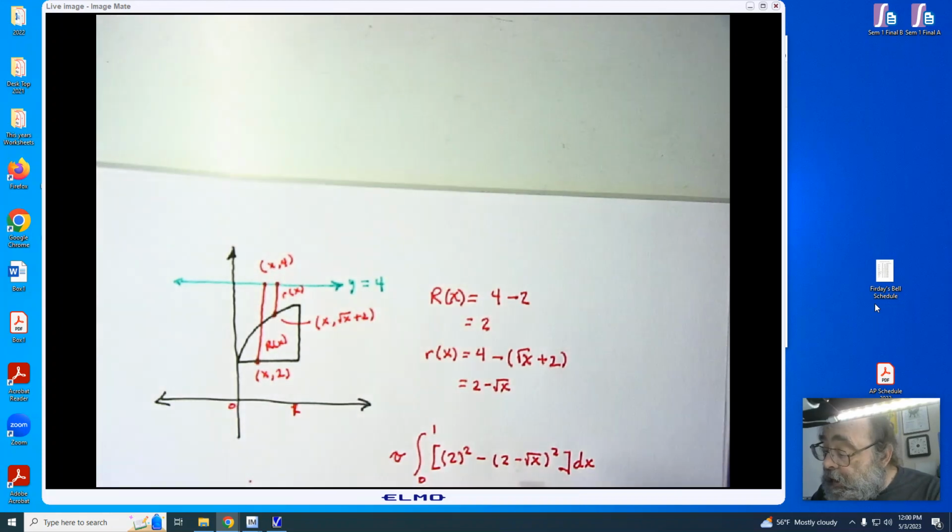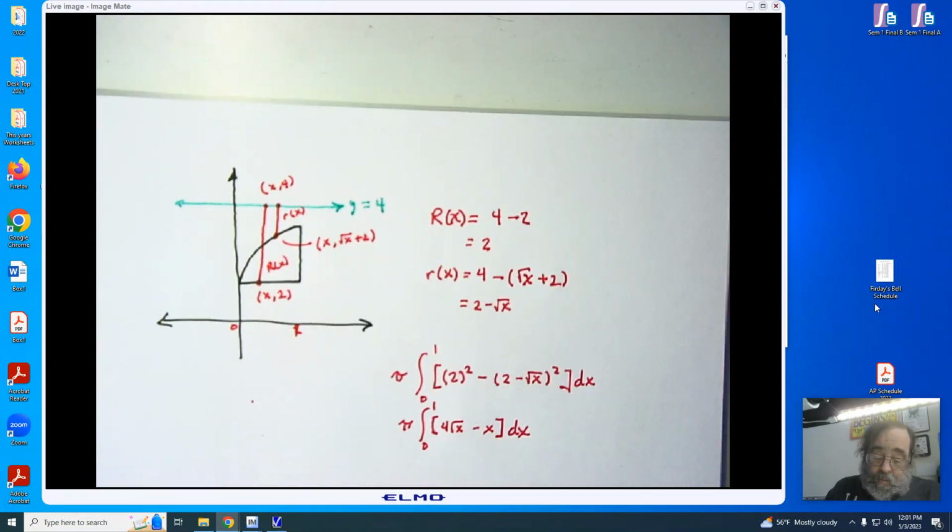We're then going to FOIL. You'll notice I'm going to have a minus 4 and I'm going to have a positive 4. But I'm also going to end up having a positive 4 root x, then a minus x. 0 to 1, pi dx.